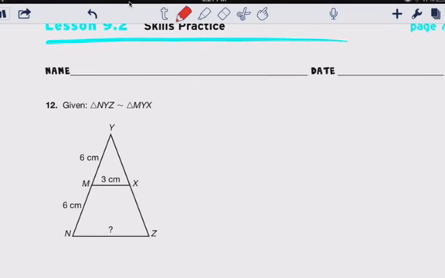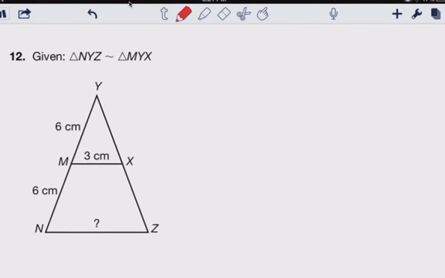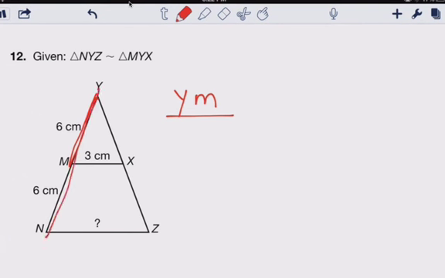Here, now here's what we did in class. This line segment, okay, let's see, we know the short one is 6, so YM to YN, that's the ratio, is equal to, okay, that's one of them.